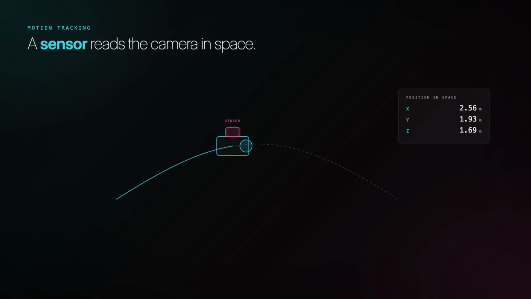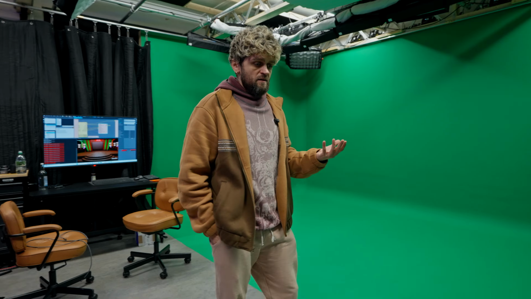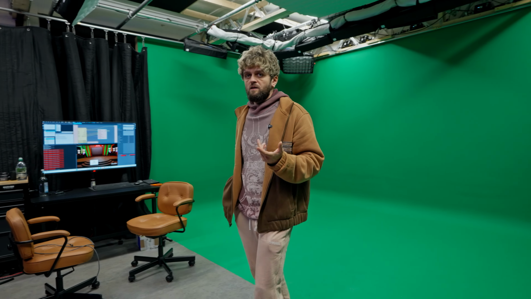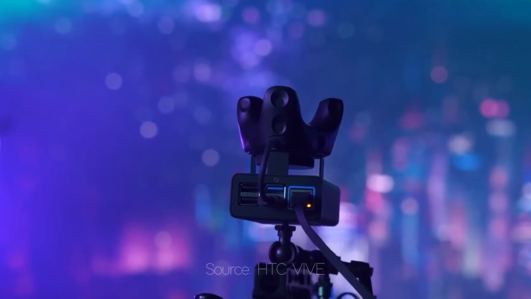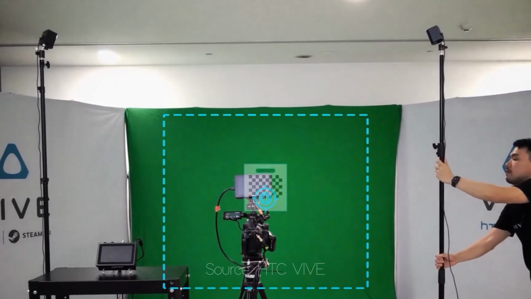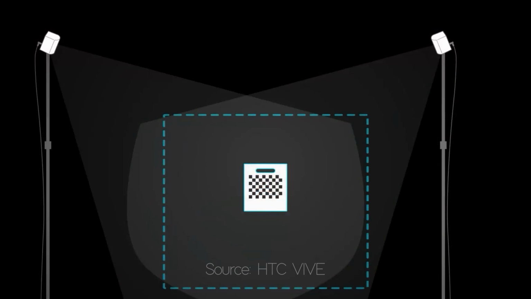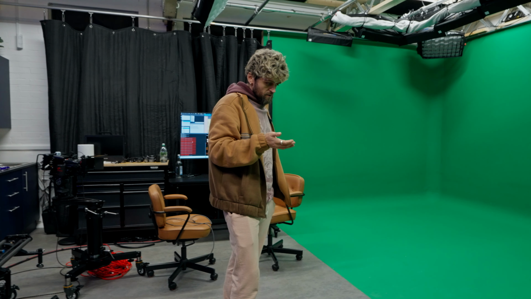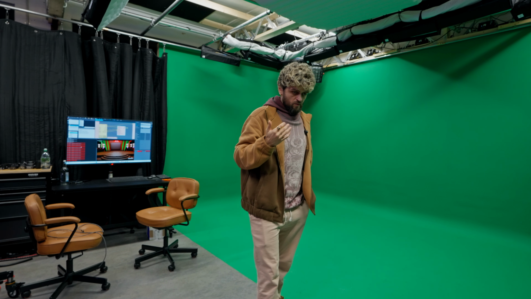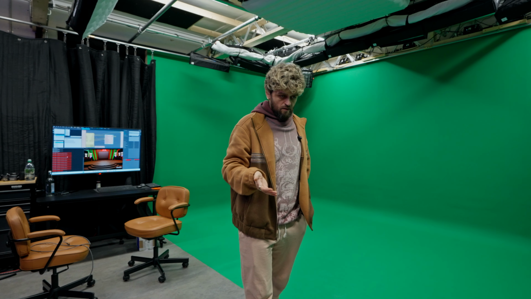There are some camera trackers like Vive Mars that rely on VR type of technology, which is you have these lighthouses and then you have a puck on your camera, and that puck transmits the position in space to those lighthouses. So those lighthouses hit the puck with some frequency and it tells it where it is in space. Now, that's not the best solution, as many Vive Mars users will tell you. It is a derivative of a VR headset tracking system.